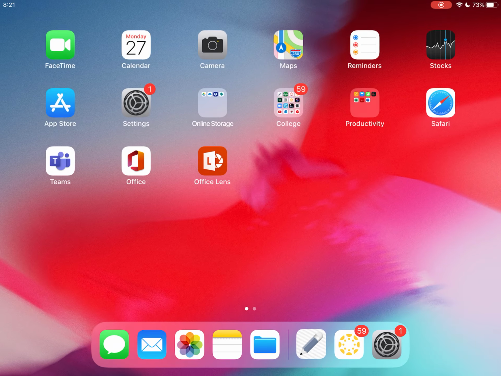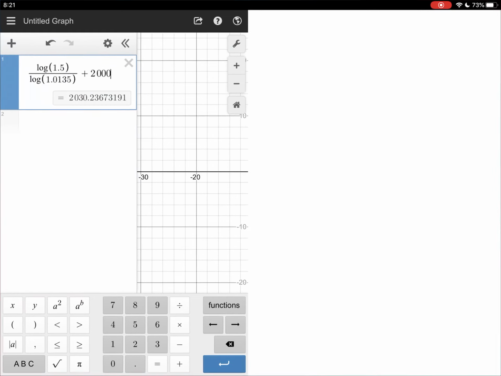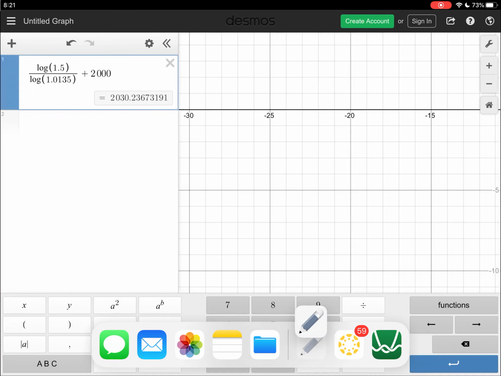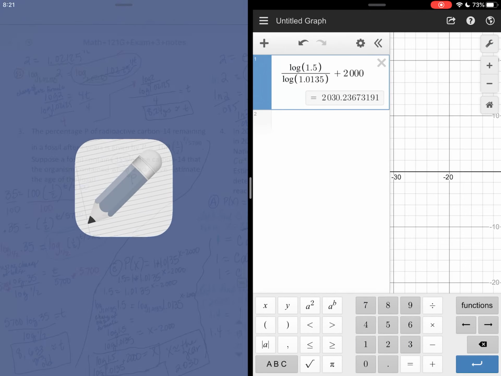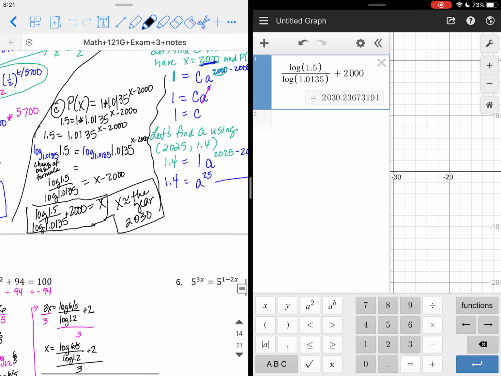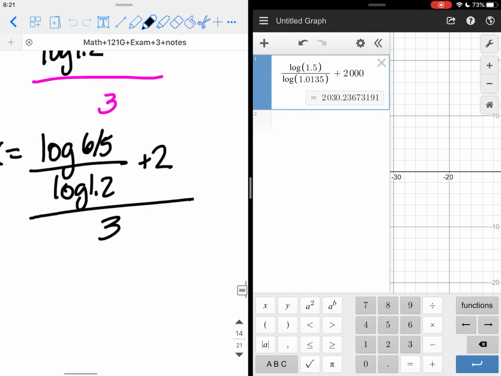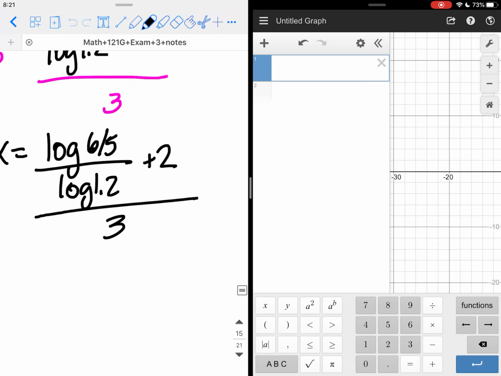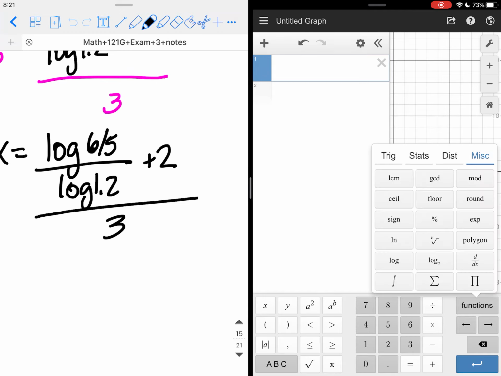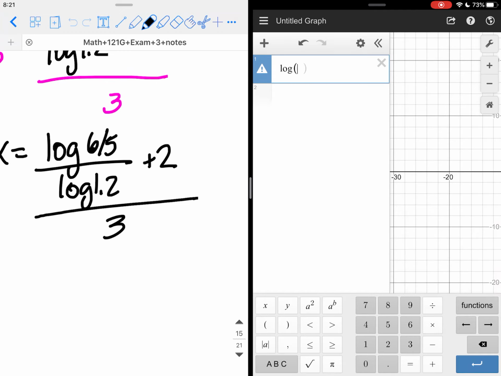And if we don't want to think and just use our calculator, what happened to my calculator? It's still here. So I don't want to think, so I'm going to put all of this in the calculator as is. So it's going to be the log of 6 divided by 5. Then I'm going to close it.